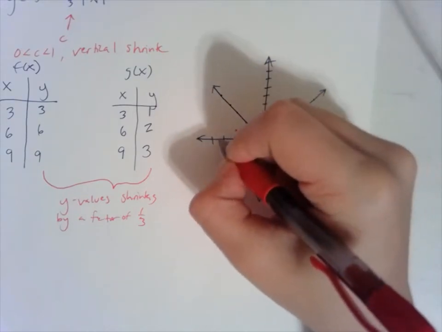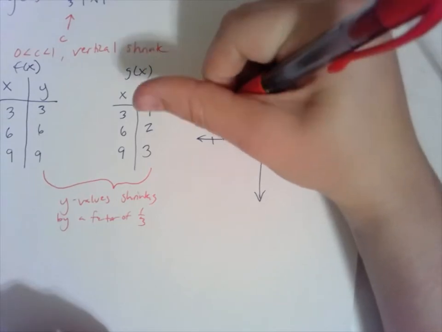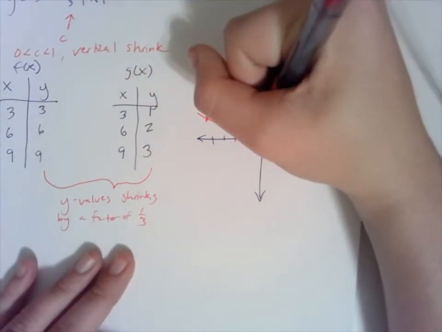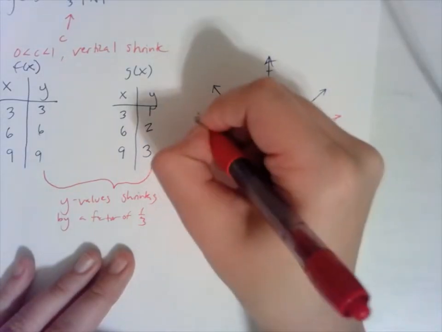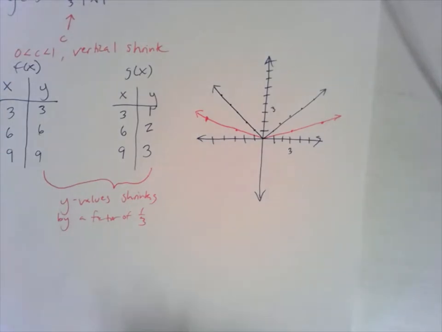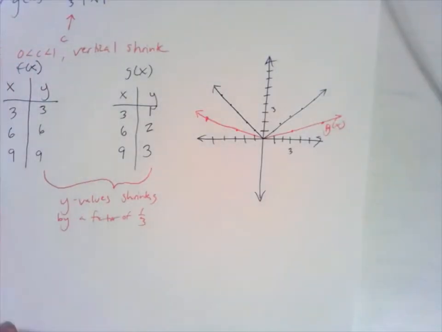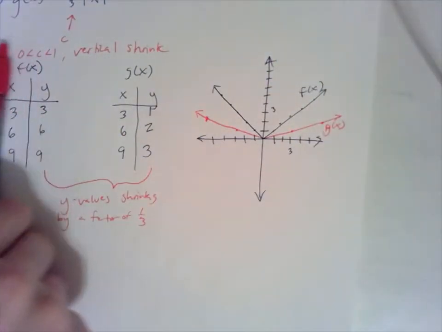Oh, should be a little bit higher. There we go. And now I can connect my points. Alright, and we can see that these two graphs do look very, very different. Here's our g of x, and here's our f of x. And it looks like when we multiply on the outside by a fraction, our graph gets wider.